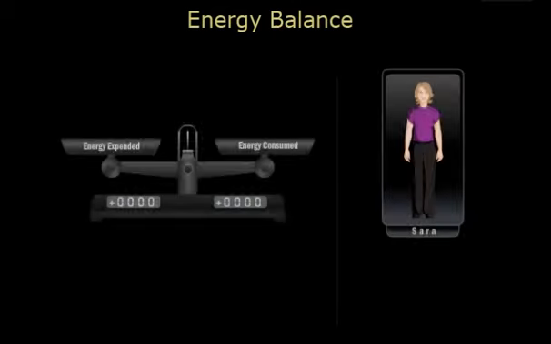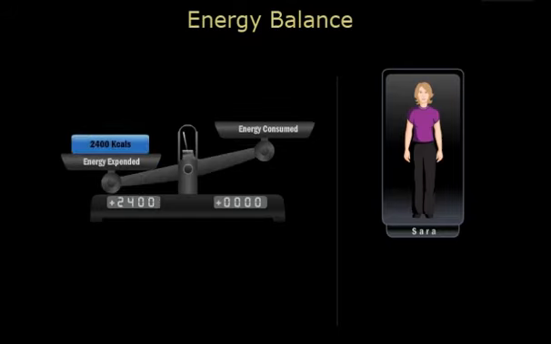We'll begin with Sarah, a healthy 16-year-old with an active lifestyle. Her body uses an estimated 2,400 kilocalories of energy per day for work and physiological functions. In other words, her total daily energy expenditure is 2,400 kilocalories.